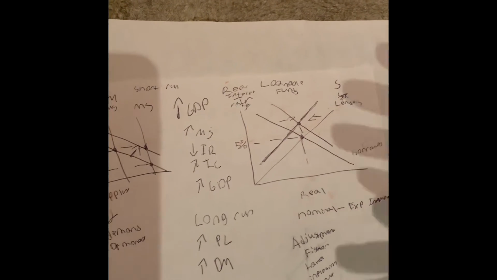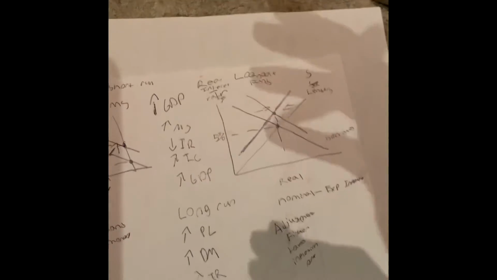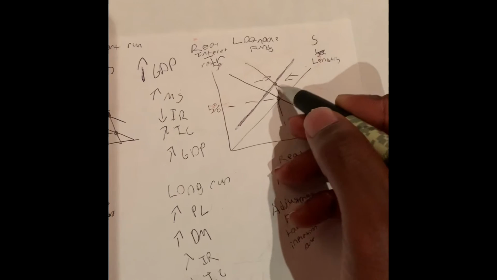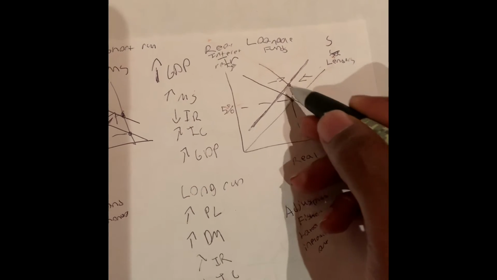This is known as the Fisher effect: people adjust for the influx of inflation. They know there's going to be 3% inflation, so lenders are going to increase their prices so they're not losing the 5% interest rate they were making in profit. So it's going to shift up to 8%.